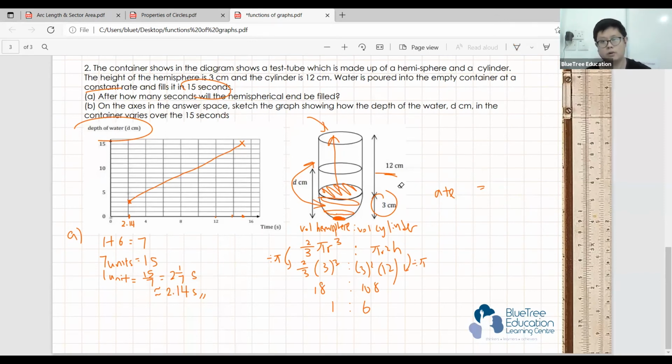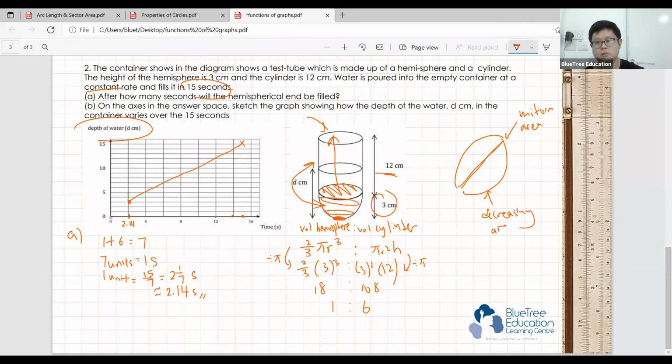For this kind of figure that has an increasing area, you have to think about the leaf shape. If it's a uniform area, just like the cylinder we just drew, it's going to be a straight line going up. But if the surface area gets smaller, it becomes faster and faster to fill near the top, so it will look like a shape where the slope increases in gradient.